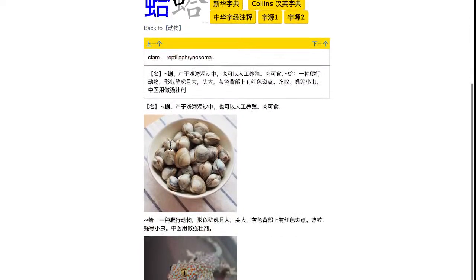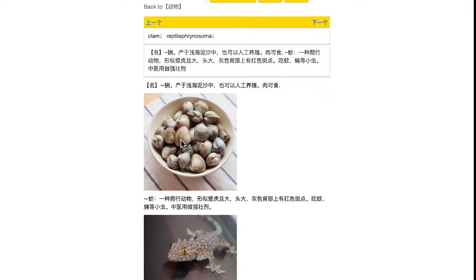One is 蛤蜊, that means clam. The other one is 蛤蚧, which means Japanese gecko. And the interesting thing is that the Japanese gecko in Chinese medicine is used as a Chinese medicine, to make a person strong.